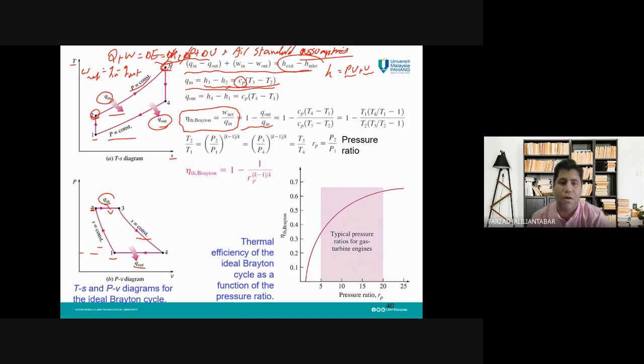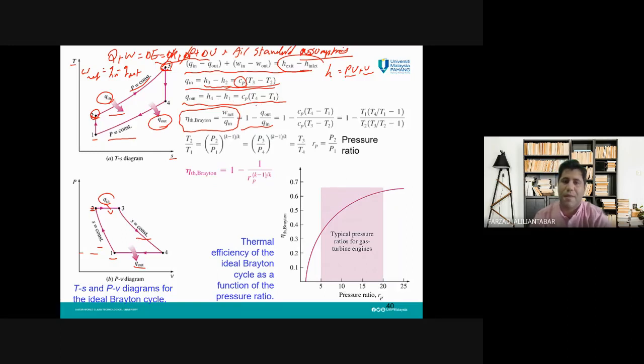Similarly, for Q out, we have another constant pressure process. We can write a similar equation, but this time we have Q out equal to H4 minus H1. And you know why it is changed, because Q out here is negative. So instead of H1 minus H4, it is H4 minus H1.